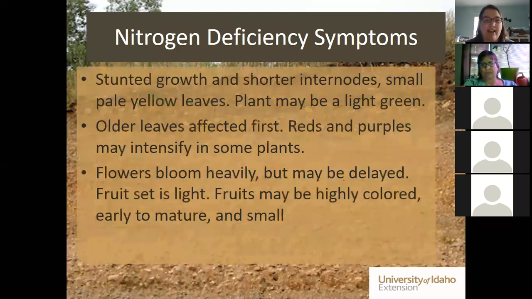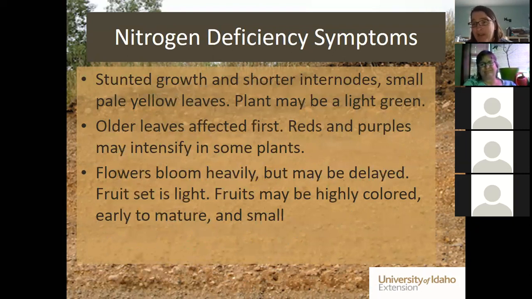The next slide talks about nitrogen deficiency symptoms, what that would look like. Stunted growth, shorter internodes, that's the distance between the joints on a plant, and small, pale yellow leaves. The plant might be a little light green. Diane was worried about her lime plant.